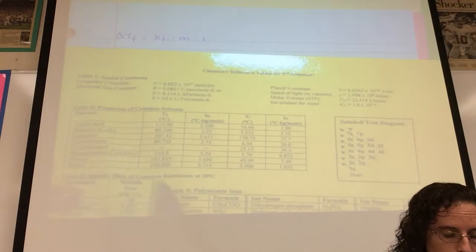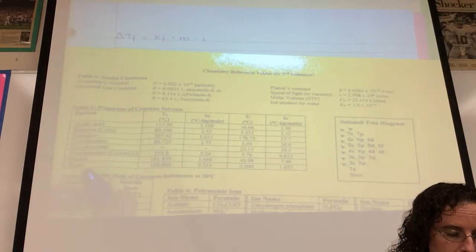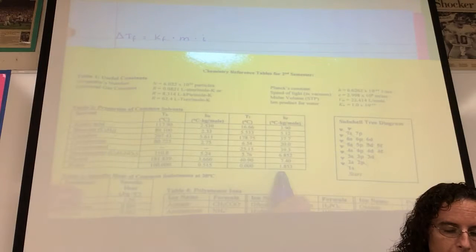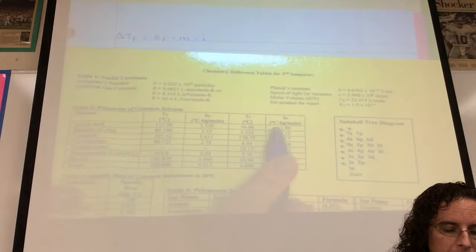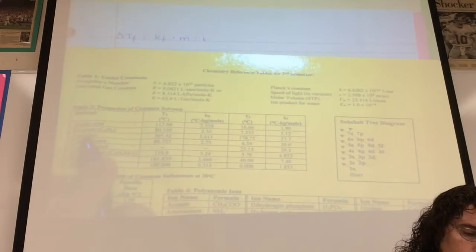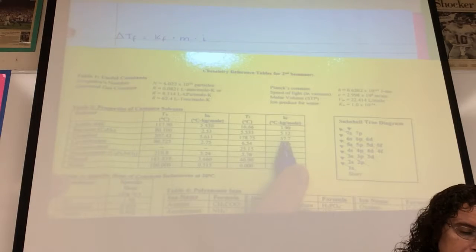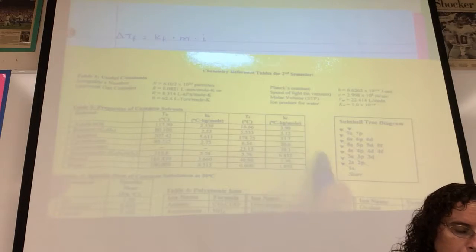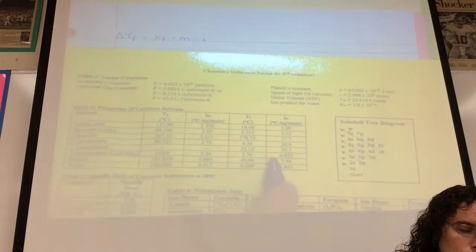So for example, and again we did this yesterday, if the solvent is water, the molal freezing point constant is 1.853 degrees Celsius kilograms per mole. If you had camphor, 37.7 degrees Celsius kilograms per mole. So this is your molal freezing point constant.